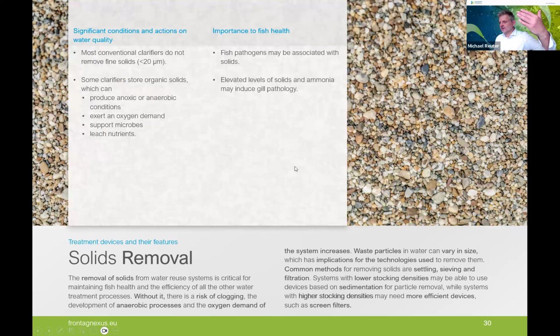But as we filter out organic solids, the sludge that is produced can produce anaerobic conditions, exert a certain oxygen demand on the system, support microbes, and leach nutrients. So we should get rid of the sludge as fast as possible to maintain water quality inside of our system.